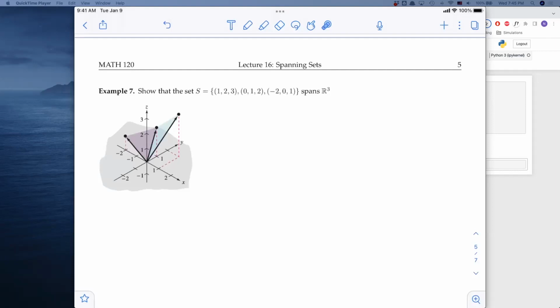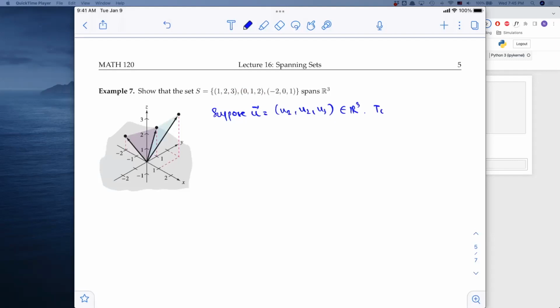All right, so now suppose U is equal to U1, U2, U3. I don't know exactly the values of U1, U2, and U3, but what I know is that I will have a three-dimensional vector, and I want to find a way to show that this vector can be written as a linear combination of the three vectors in the set S. So suppose U is equal to U1, U2, U3 in R3.